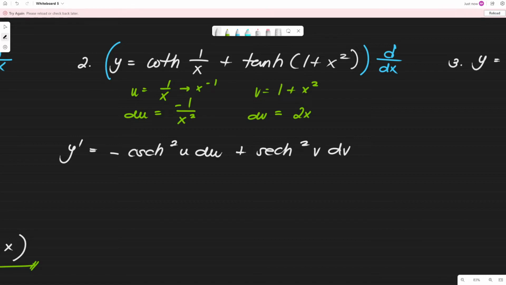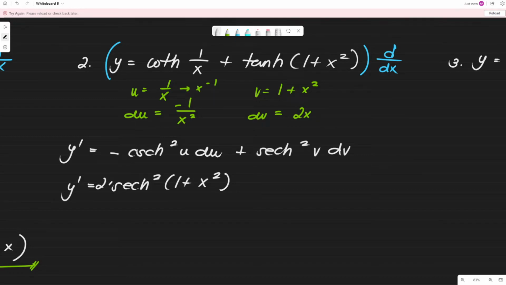Ayan. So, we have negative hyperbolic cosecant squared u du plus sech squared v dv. Pagpapalitin ko lang sila. So, we'll have y prime is equal to sech squared 1 plus x squared times 2x.